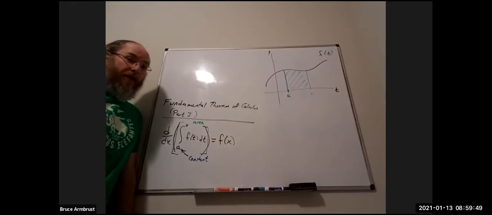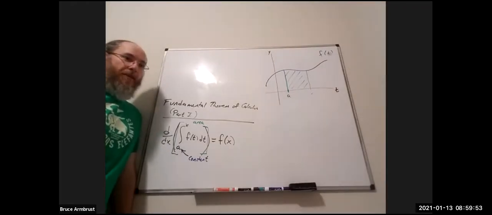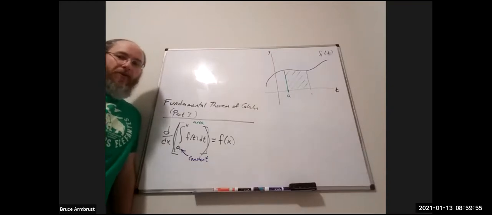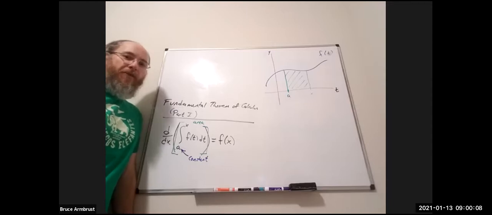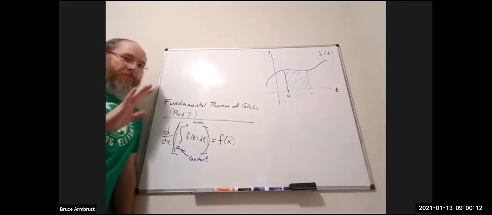So integrating and differentiating cancel each other out. So do you remember what we call those things? Things that undo each other? The math term for that? Yeah, thanks, Blake. Those are inverses. They're inverse operations.